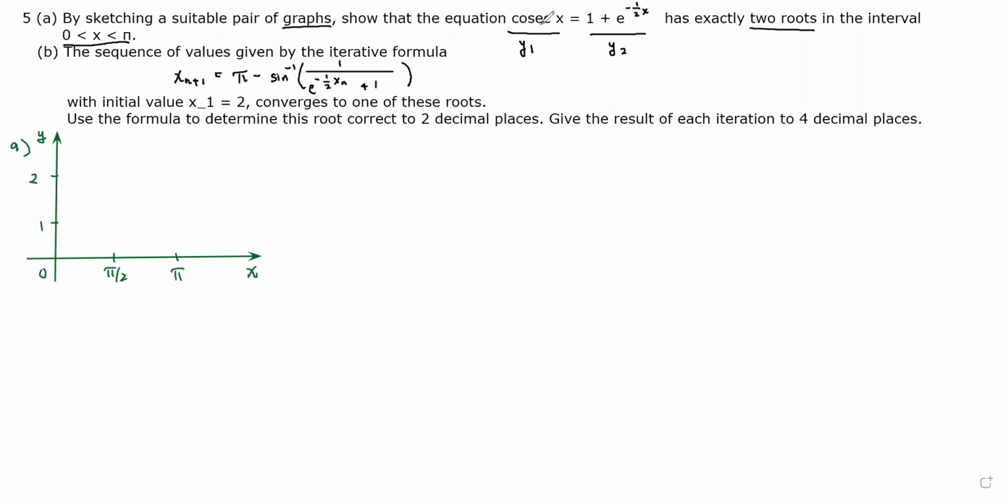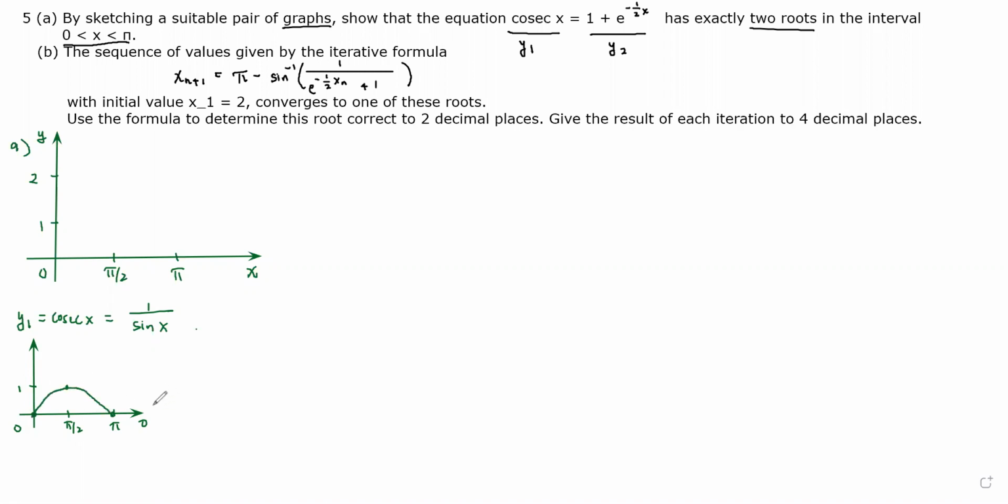Consider the first case, y1 equals cosecant x. Cosecant is the reciprocal of sine x. So on the interval from 0 to pi, the graph of sine x: sine 0 is 0, sine pi over 2 is 1, sine pi is 0.